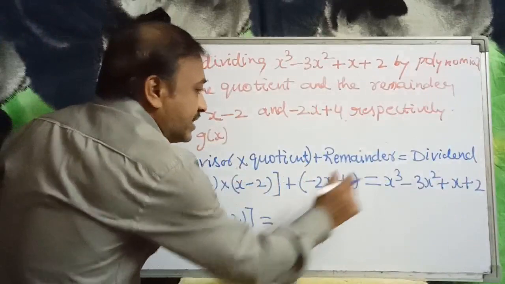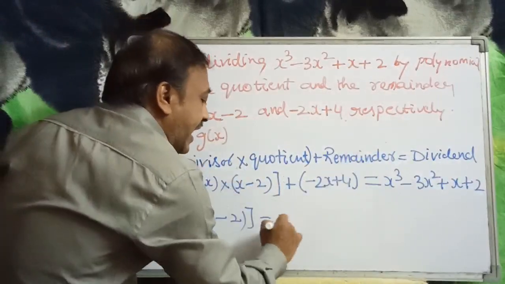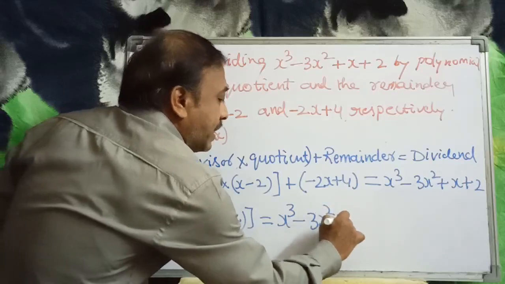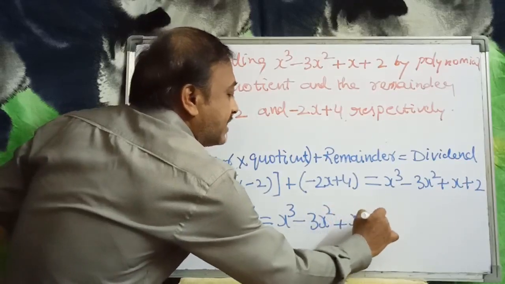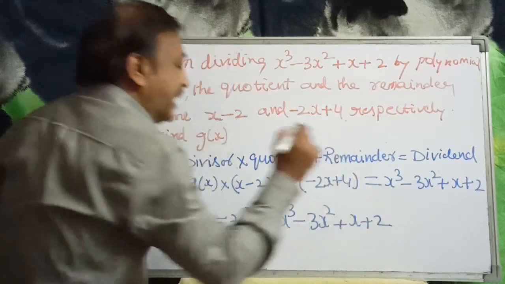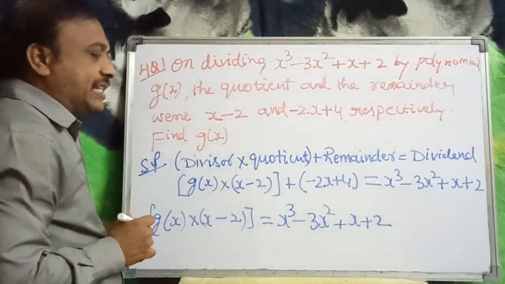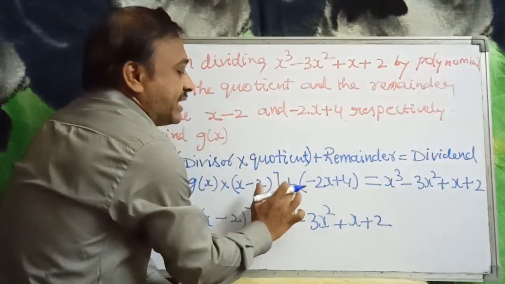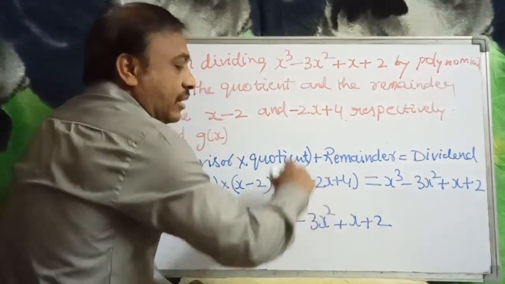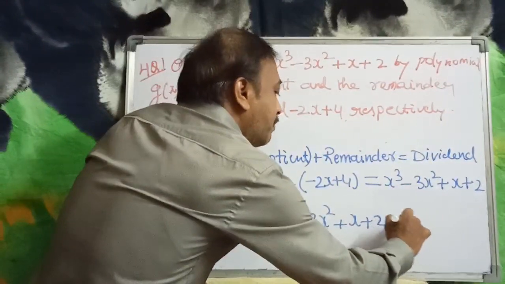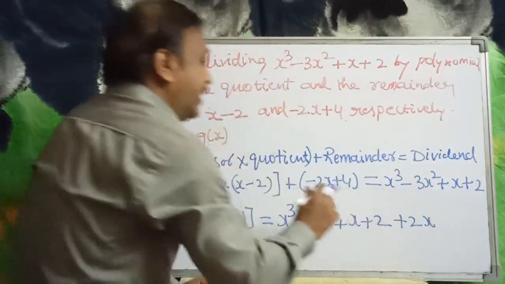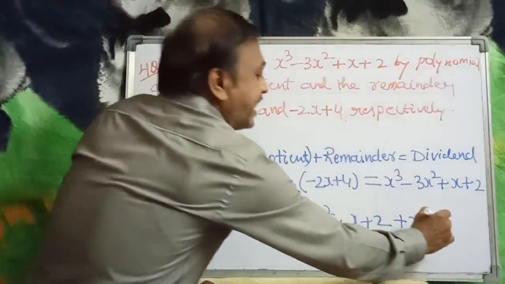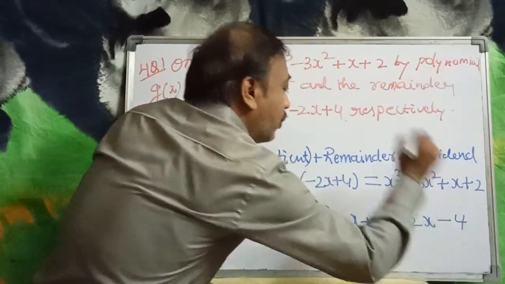First you write x cube minus 3x square plus x plus 2. Now when you transpose, minus 2x becomes plus 2x, and plus 4 becomes minus 4.